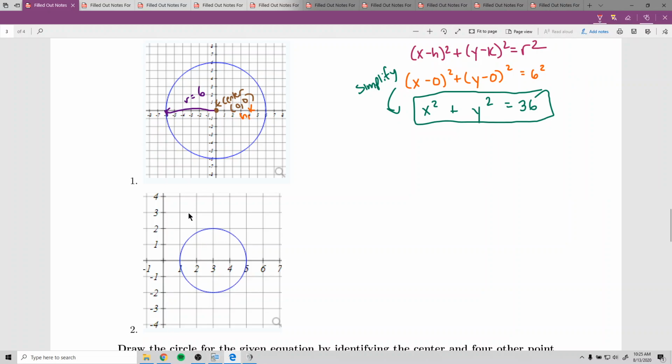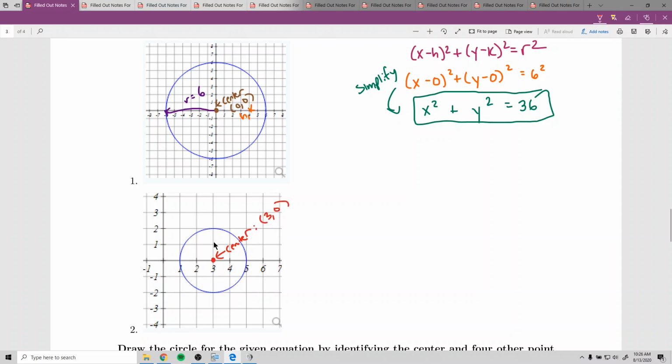But here we have our circle. Once again, I just like to do left to right because it's easier for me to see. If you want to look from top to bottom, it's the same thing. Halfway between the leftmost point 1 and rightmost point 5 is 3. So our center is right here. And the coordinates, x is 3, y is 0.